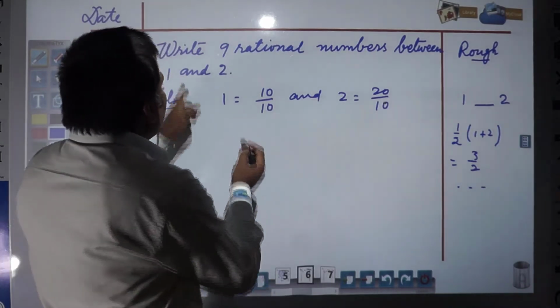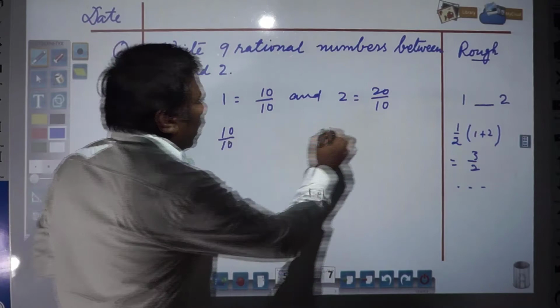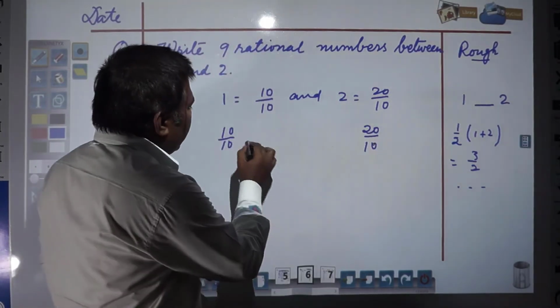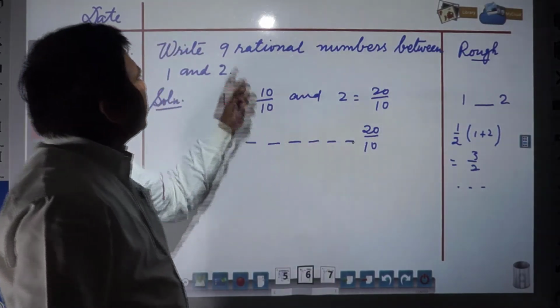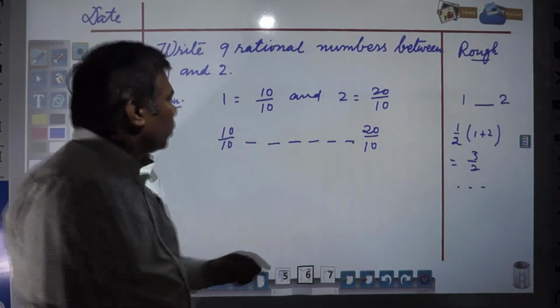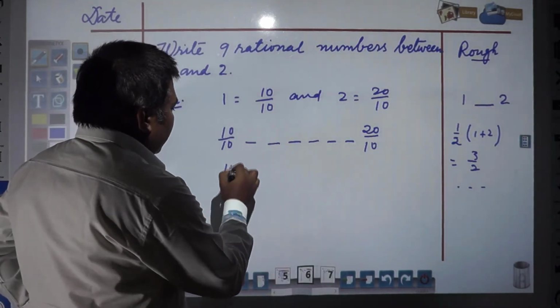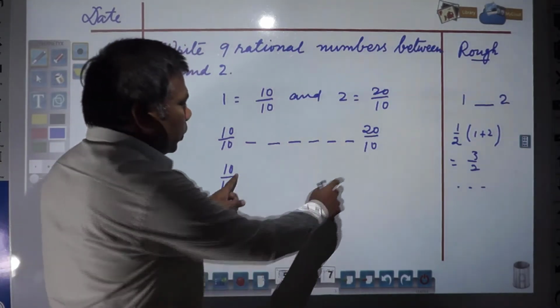Now this 1 and 2 can be written as 10 by 10 and 20 by 10. In between you need to find out 9 rational numbers. What numbers can be written here? First number you have 10 by 10, and in between 10 by 10 and 20 by 10 you need to find out.